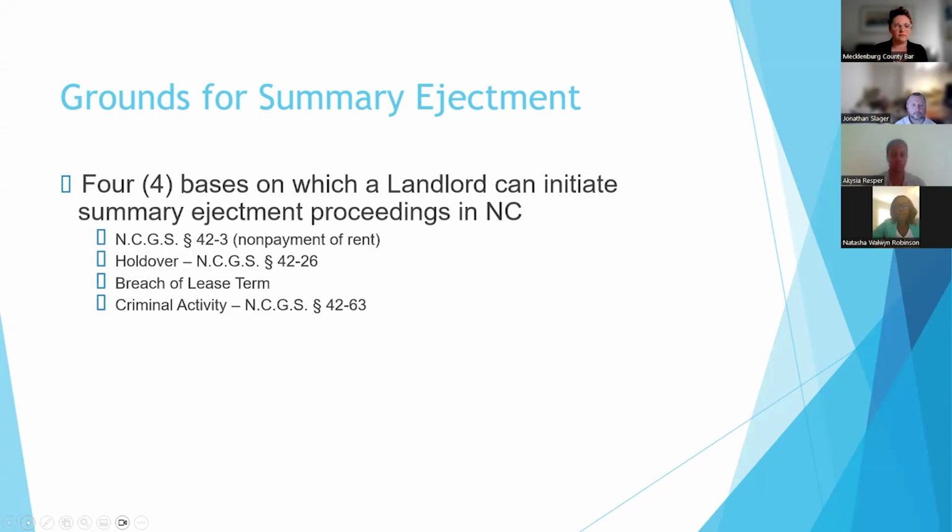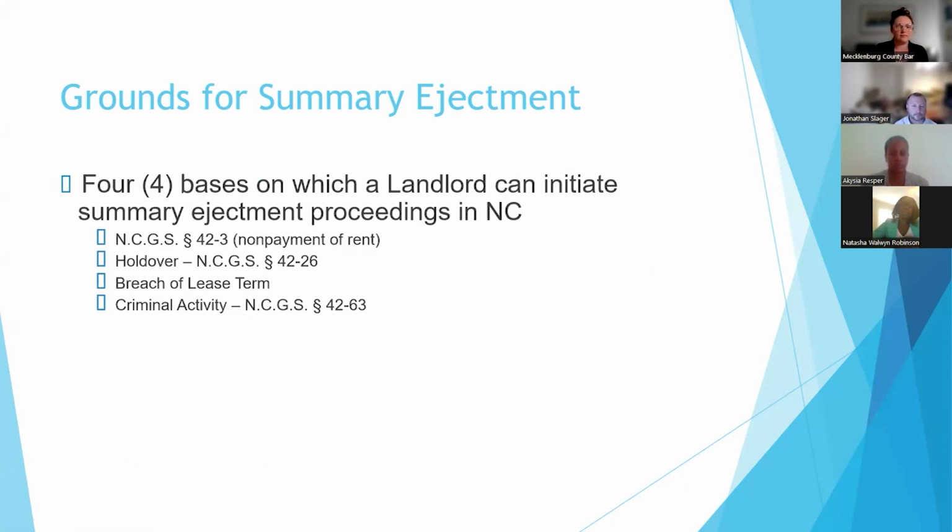So one of the more common ones is the tenant isn't paying rent, right? So that is one ground. Or the tenant may stay longer than the lease allows for. Their lease is expired or has ended and they are still physically on the premises.